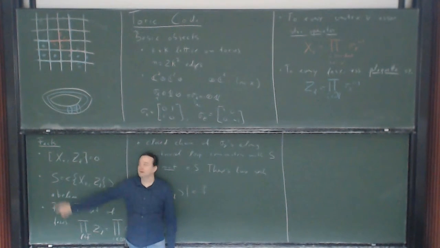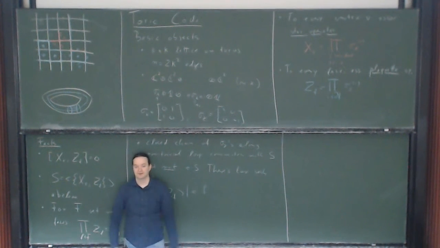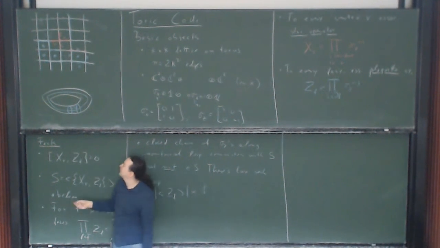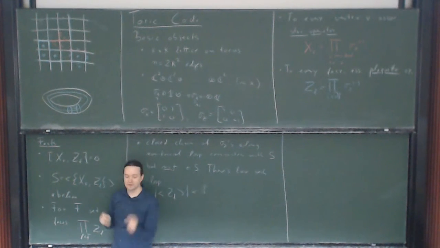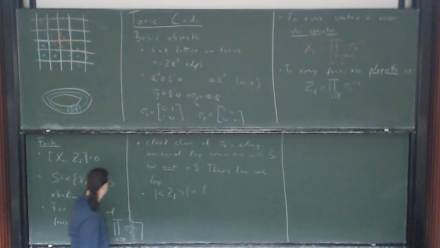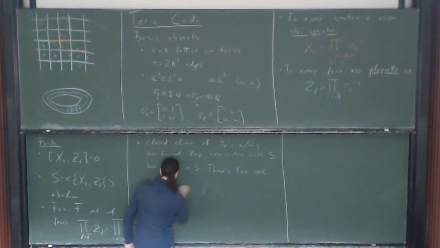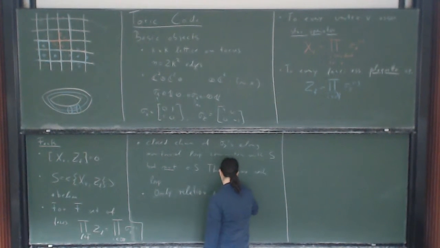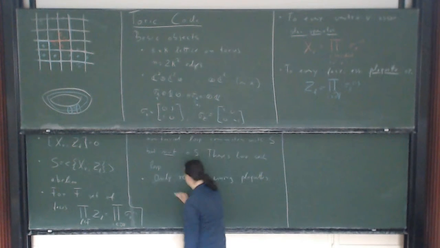It has no boundary, and that's the entire torus. Yeah? So speaking differently, if I apply all of these plaquettes together, I just get the identity. That means that every edge will be hit twice, right? They all cancel. So the only relation among these plaquette operators is that the product of all of them is the identity.